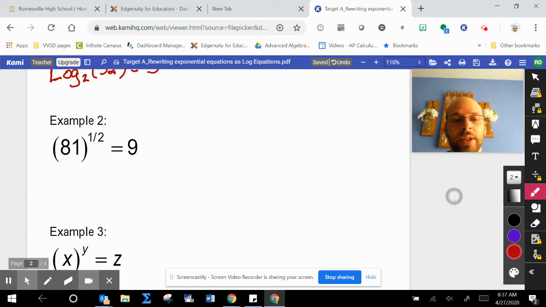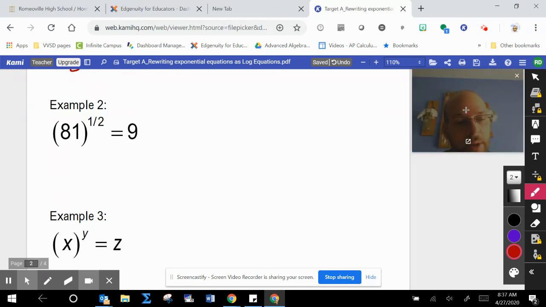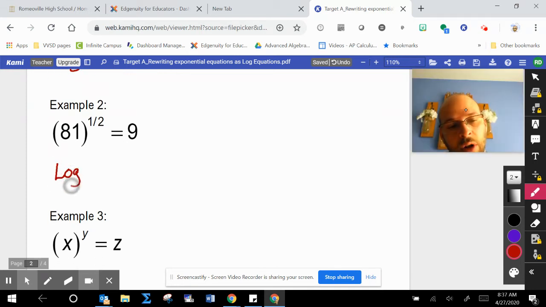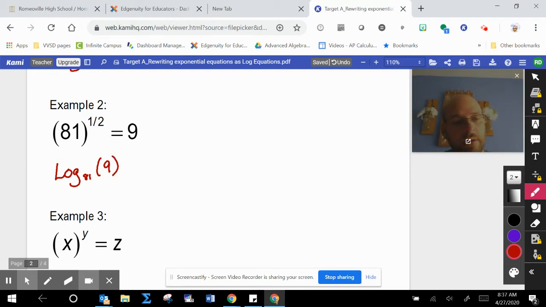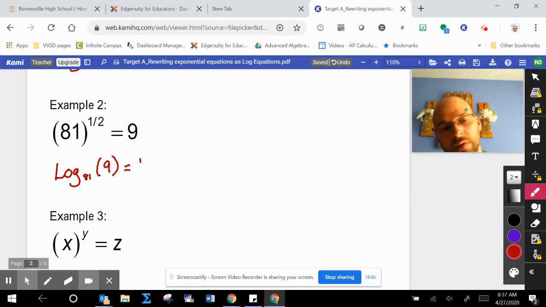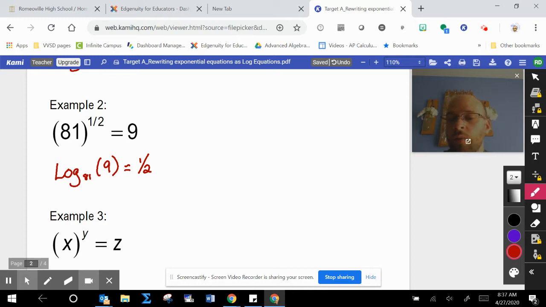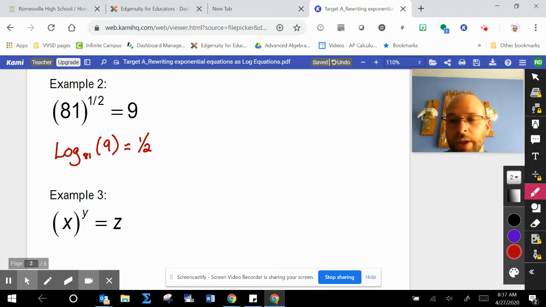So we'll do a couple examples. Same thing, example 2, I'm going to say log, the base of my power is 81, of a value 9 is going to be equal to the exponent of 1/2. Example 3.